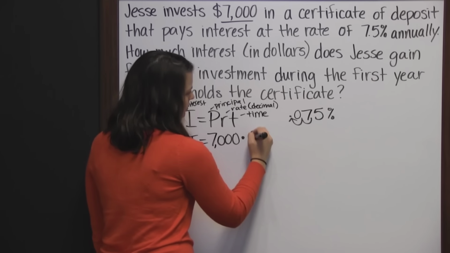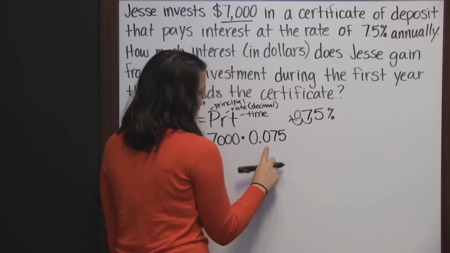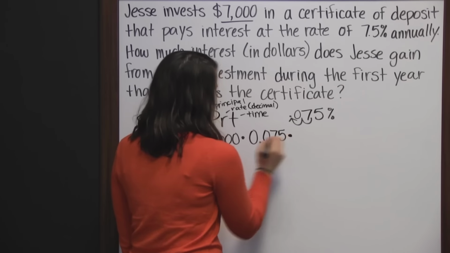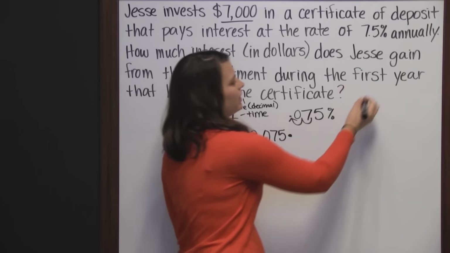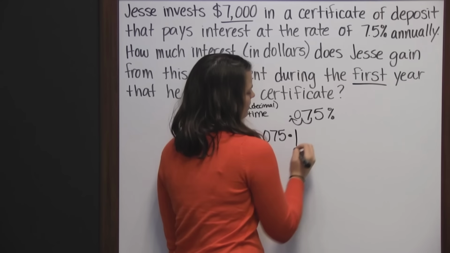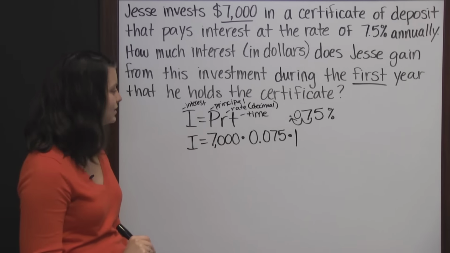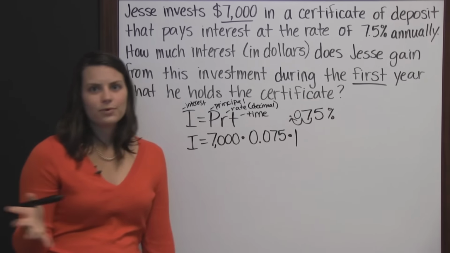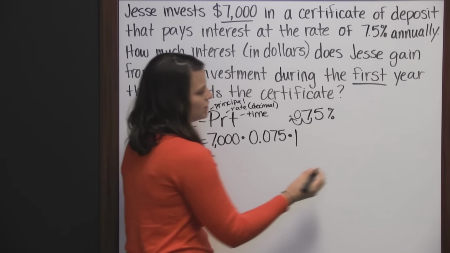So we add that 0, so it's 75 thousandths, and then times the year or the time, and we're just trying to find out about the first year. So that means it's been in there for 1 year, and then we just need to multiply those things together. So 1 times anything is just that, so I can really kind of ignore that. So I just need to multiply these 2 numbers together.